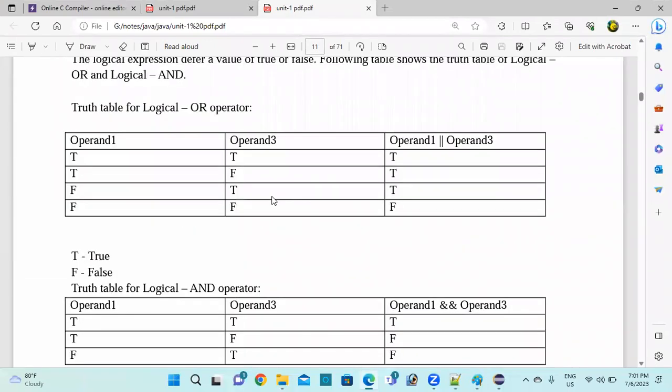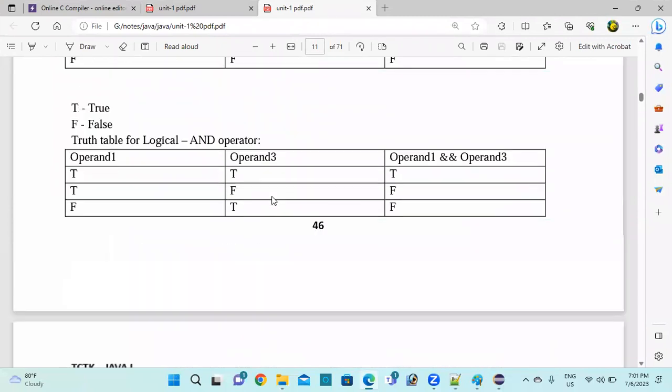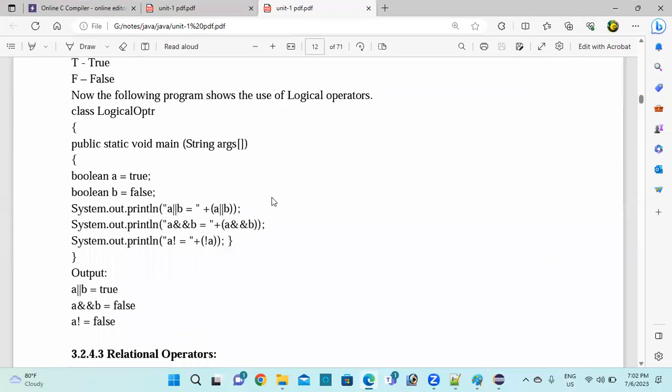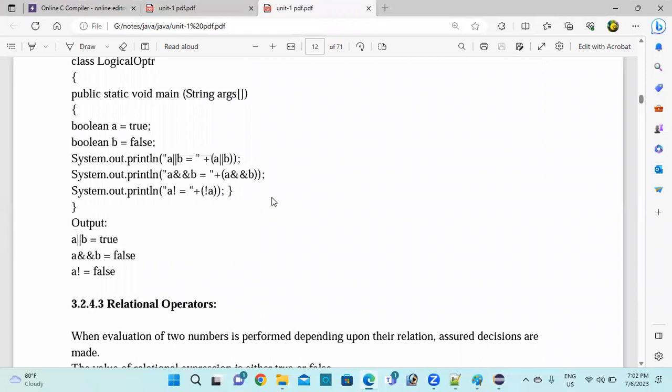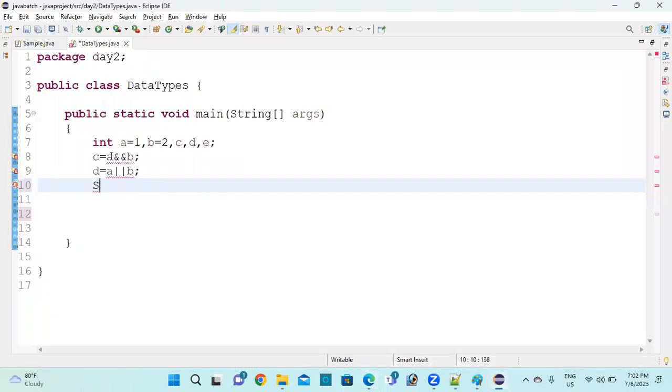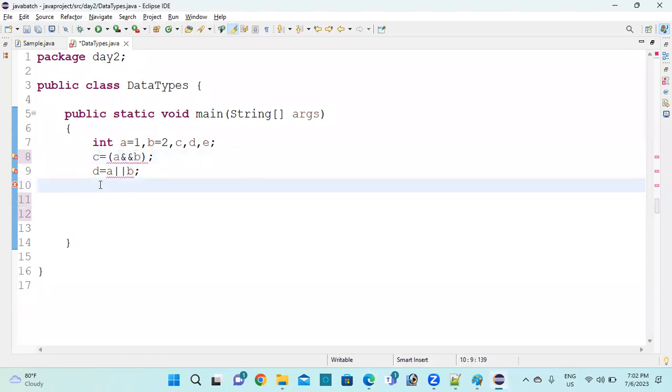So here they are taking it correctly only. Okay, Boolean. Okay, that is why it is not showing error. What happened? What's the error here?